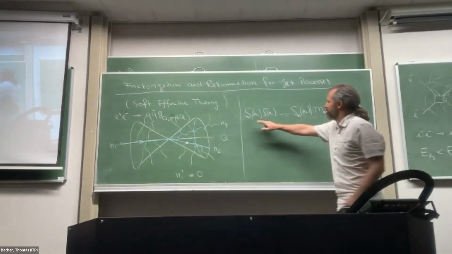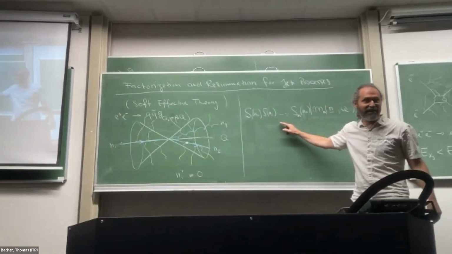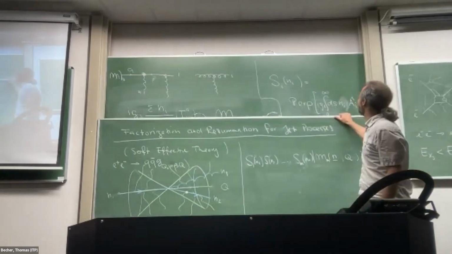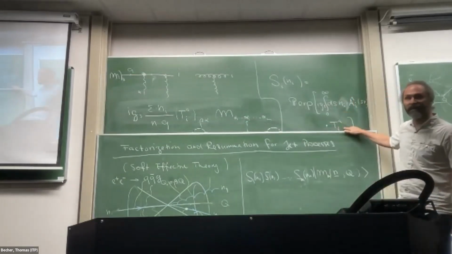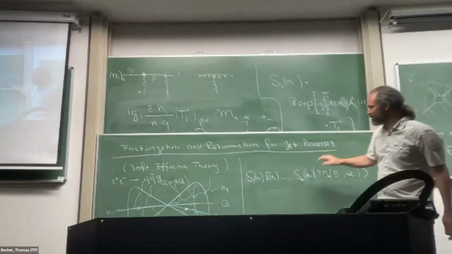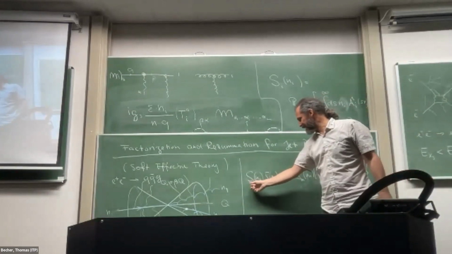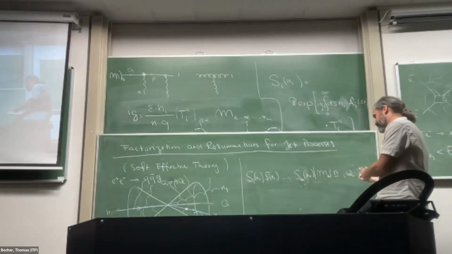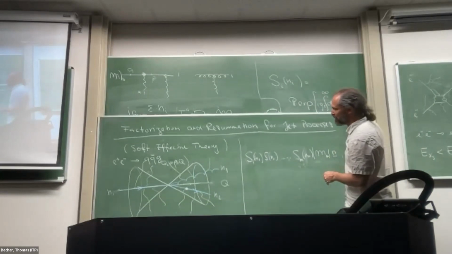I've written these here without putting indices, but this is now this color space formalism. So this is really an exponential involving this T^a. So this Wilson line S1 will act on the color index of the first parton itself. So this is the factorization.